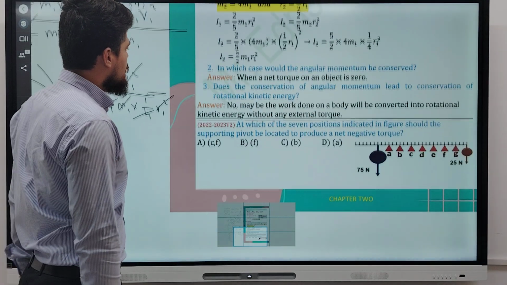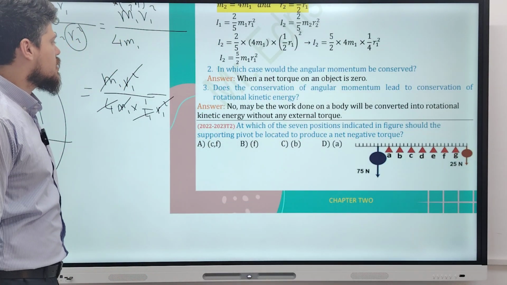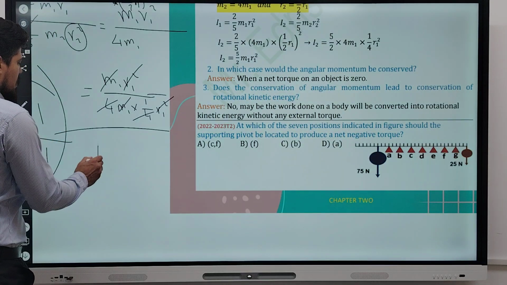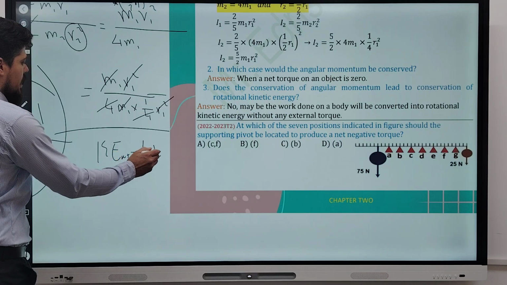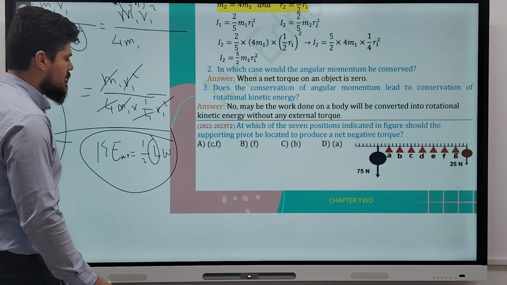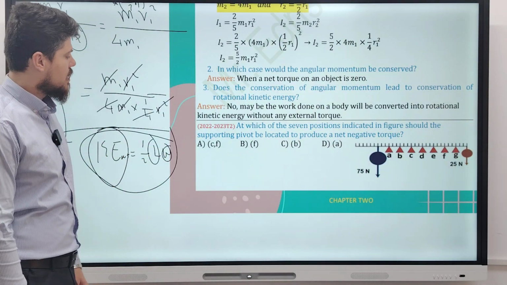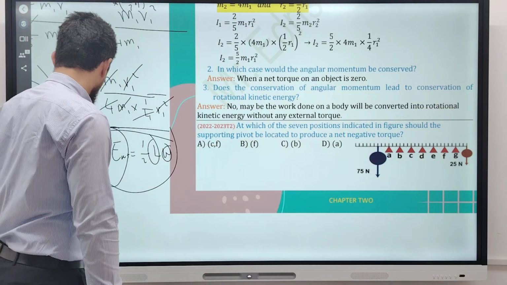No, because maybe the work done on a body will convert into rotational kinetic energy without an external torque. So according to this equation, 1 over 2 L omega, even if the angular momentum is conserved, the rotational kinetic energy is not conserved. It is directly proportional to the angular speed, but without the square.